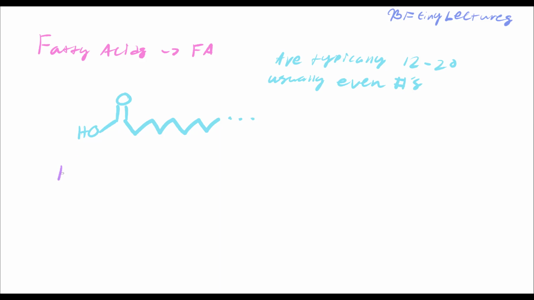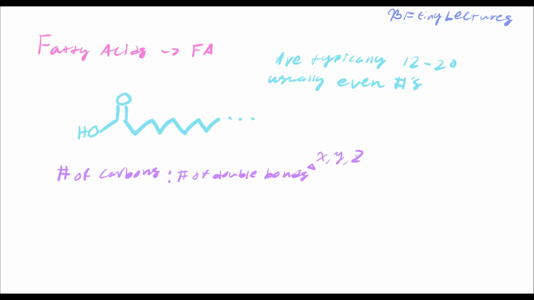You have the number of carbons, and then the number of double bonds, and finally, you also have the position of the double bond. And we're going to have a little baby triangle right there, okay? It's weird, it's random, but that's how you name them. You always have to have your little baby triangle on it, okay? So we have the baby triangle, and then the position of the double bond.